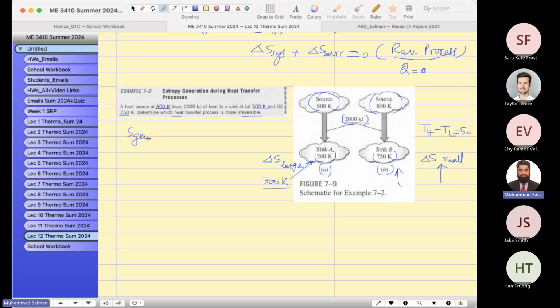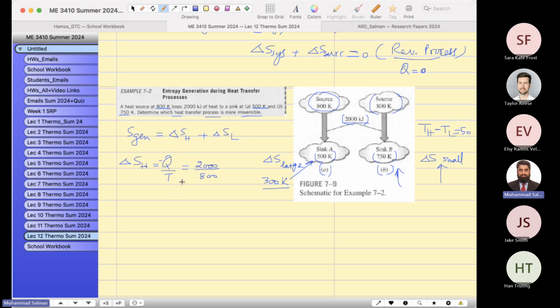We know that entropy generation is the change in entropy of the high temperature reservoir plus the change in entropy of the low temperature reservoir. We will calculate the entropy for the high first. So for the source, Q_H over T_H is 2000 divided by 800, correct?